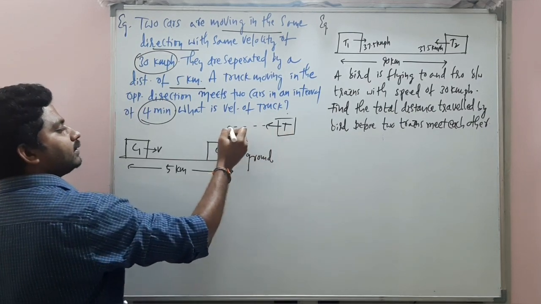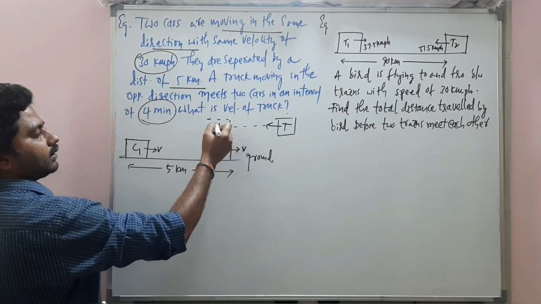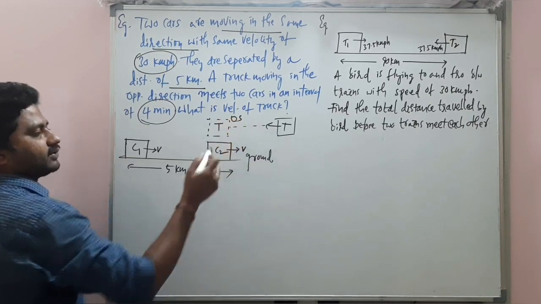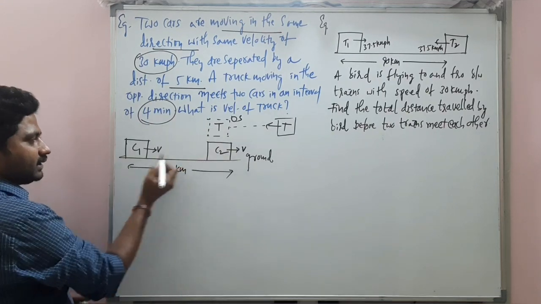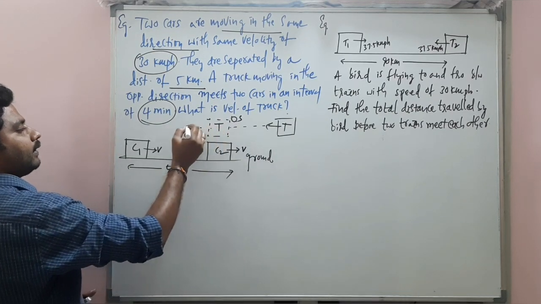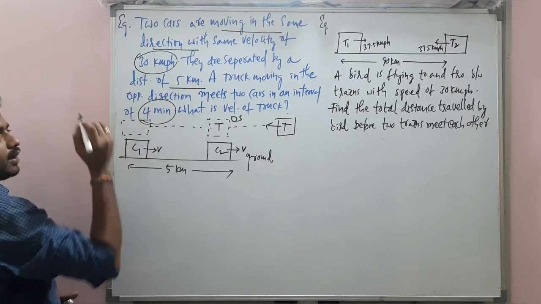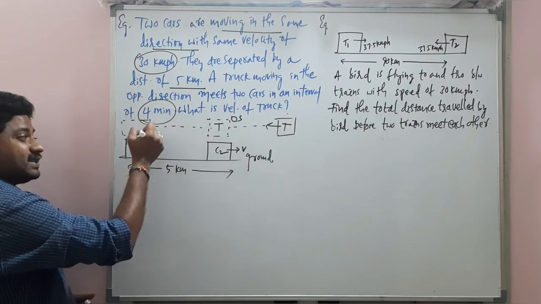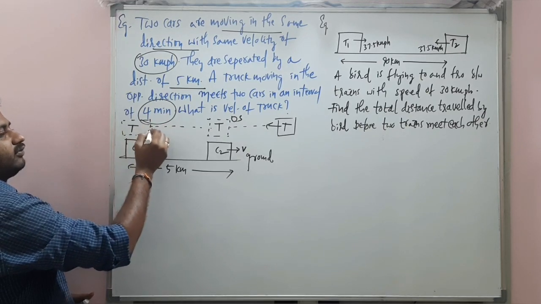It will reach the second car at 0 seconds, for example. By the time this car comes here, whatever it may be, the truck is passing or crossing the first car in 4 minutes.